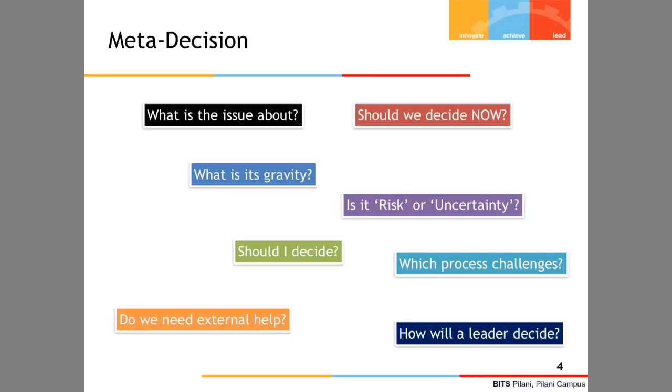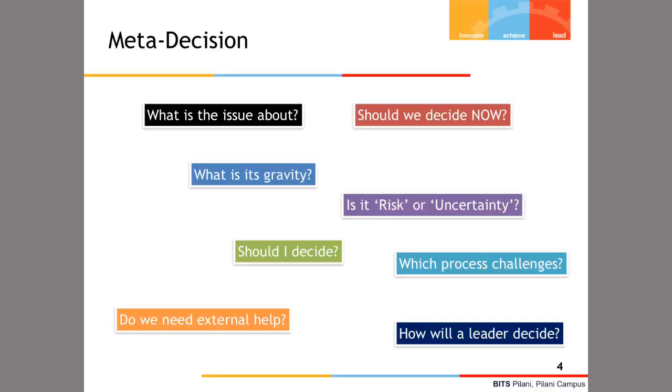A meta decision is defined by a set of questions. When you are in the stage of meta decision, you need to ask certain fundamental questions, and that's all about the meta decision. For example, what is this issue about? What's going on here? Should we decide now?